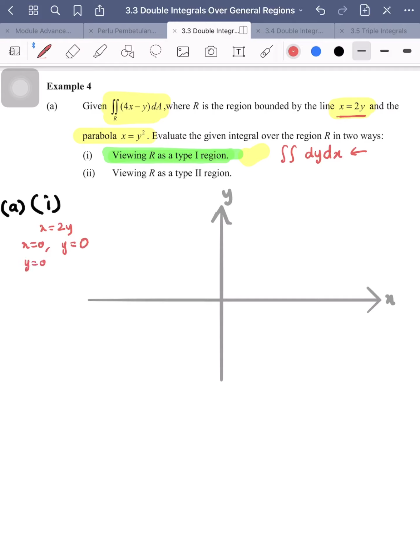When y equal to 0, x is also 0. So it means that the intersection with the x axis and y axis is at (0, 0). You also can rearrange this: y is equal to 1 over 2 x. Since the slope is positive, your line will go upward.